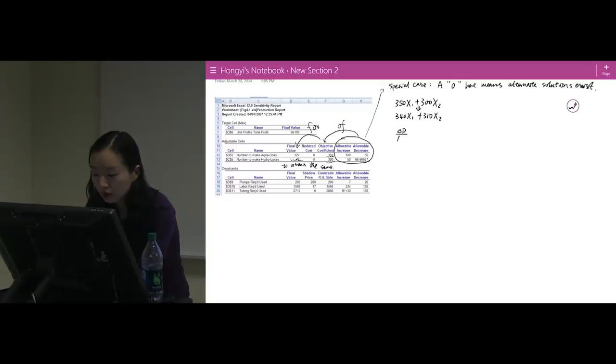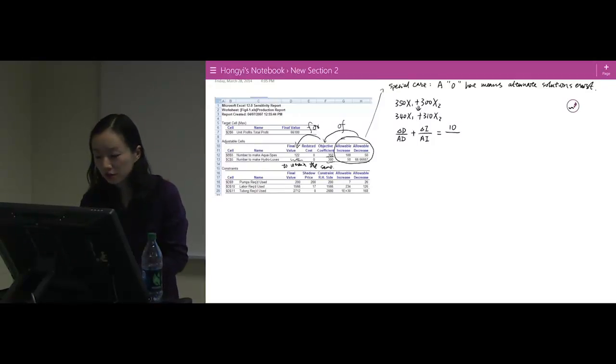divided by allowable decrease plus that amount of change. In this case, we increased 10 units. So it equals 10 divided by, because the first case is a decrease, we need to look at the allowable decrease of this coefficient. Okay, so allowable decrease is here, 50.